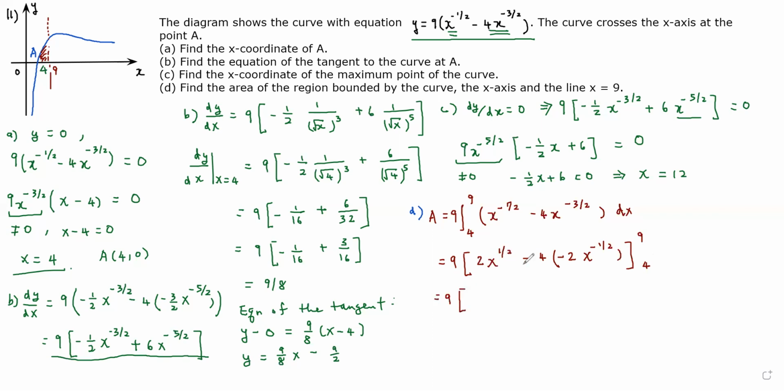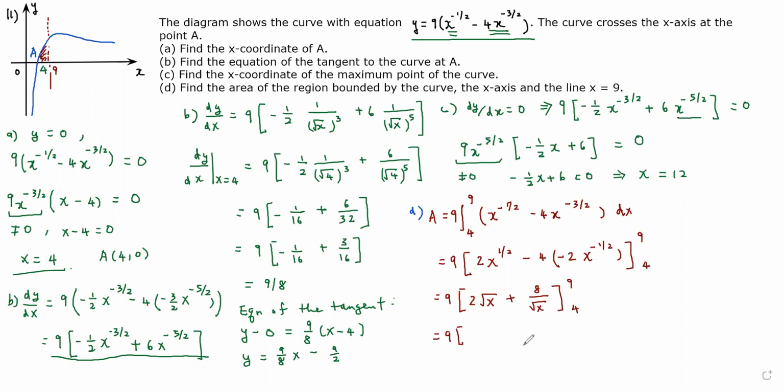All the 1/2 here, just convert them to root because you have 4 and 9. It's easier that way. Here, 2 root x, the 2 negatives become a positive 8, and that is 1 over root x. So we can write this as 8 over root x that we evaluate from 4 to 9.